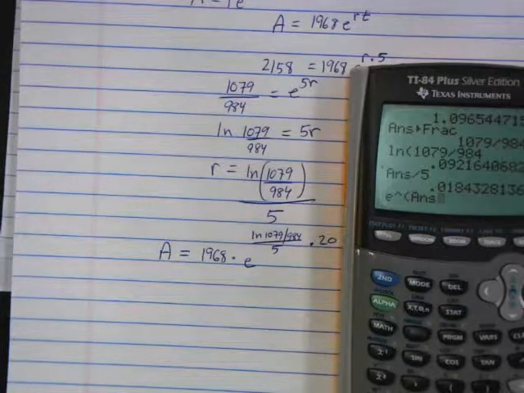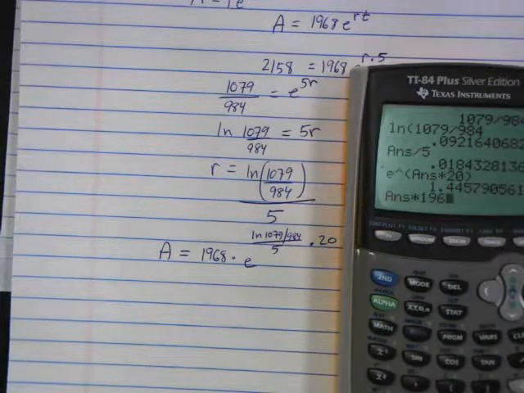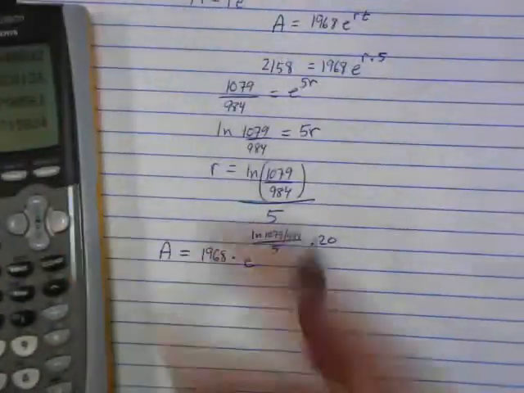Notice I'm using the features of my calculator which don't cause me to have to round off. The calculator keeps all those decimals for me. Times 20. And then finally, I need to multiply that by 1968. So my answer would be 2,845 people. I round it off now because I can't have 0.3 people. Not very likely.